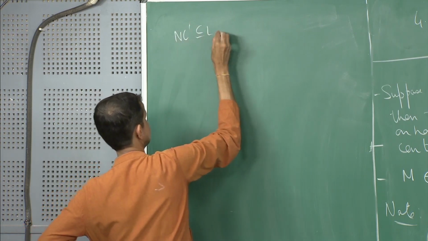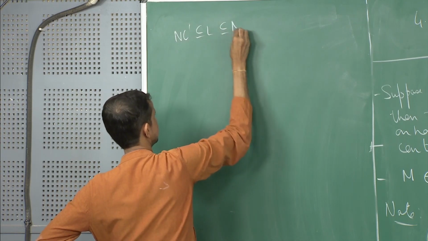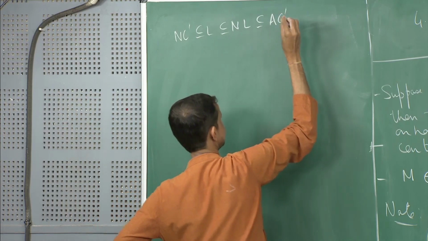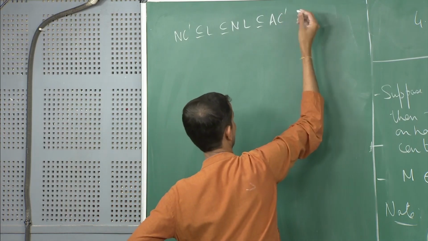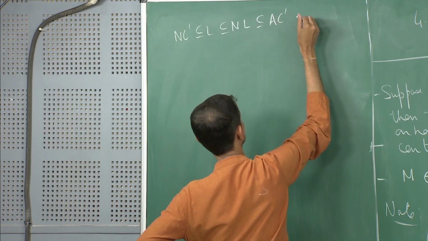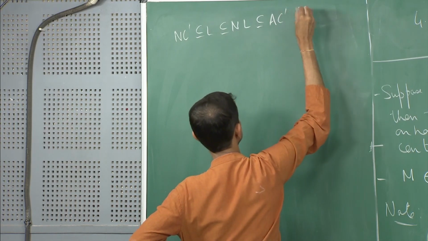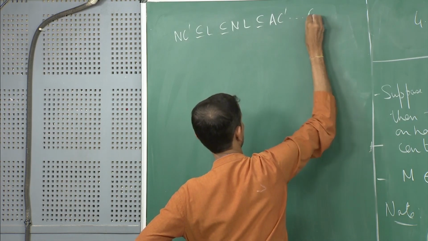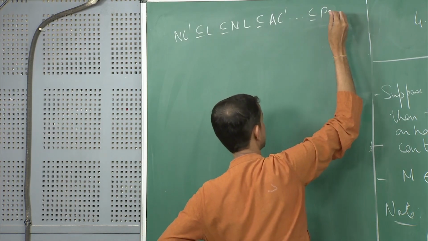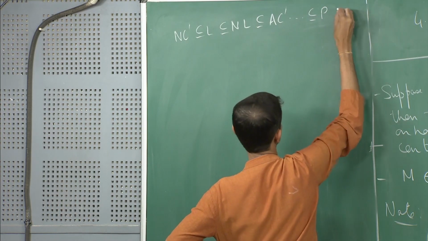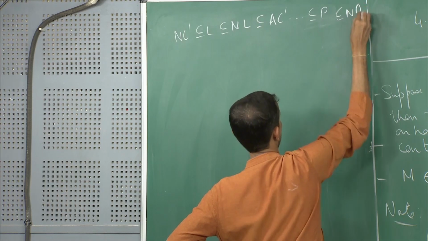NC1 is in L, which is in NL, which is in AC1, and so on. All of this can actually be shown to be in P, which is in NP.